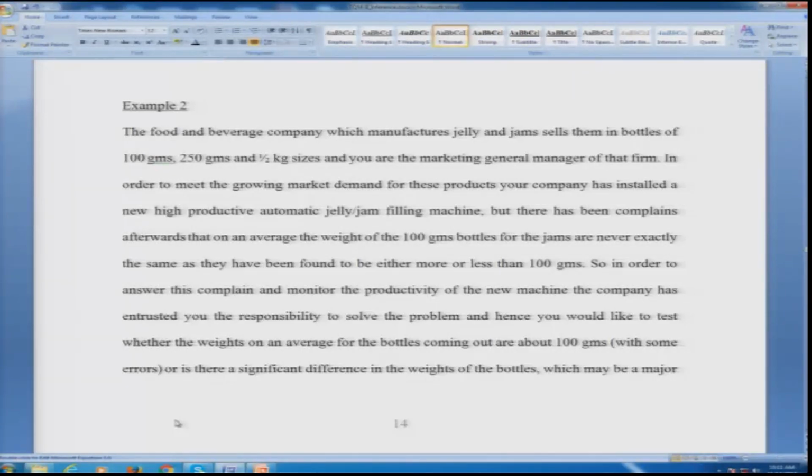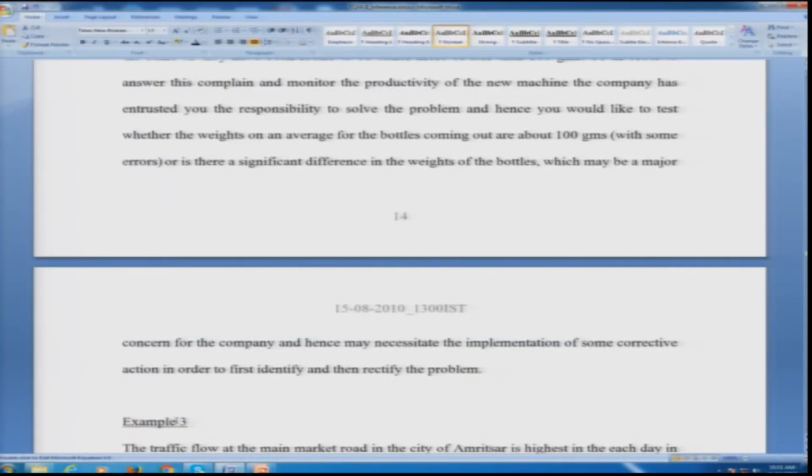So, obviously, there is a complaint and people want to find it out. In order to answer this complaint and monitor the productivity of the new machine, the company entrusted you with the responsibility to solve the problem, and hence you would like to test whether the weights on an average for the bottles coming out are about 100 grams with some errors. Obviously, there would be errors, or is there a significant difference between the weights of the bottles, which may be a major concern for the company, and obviously people can sue them and there can be litigation cases.